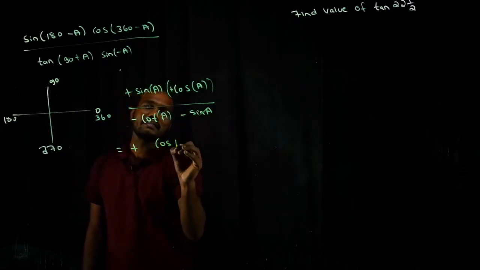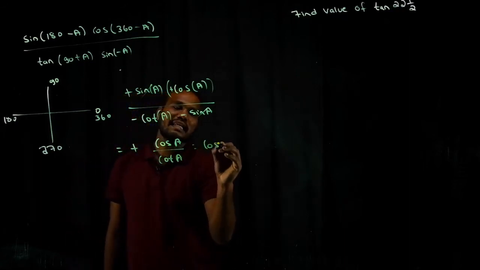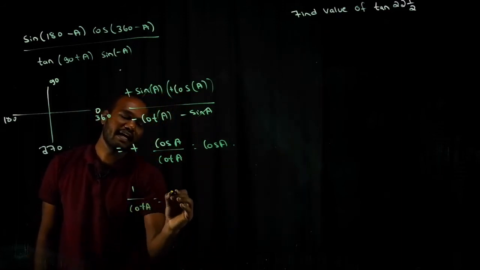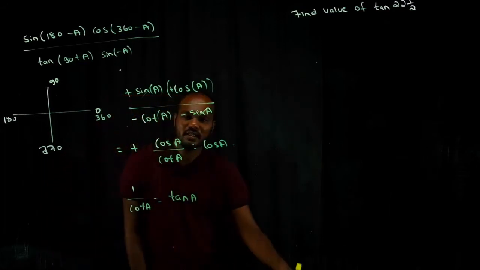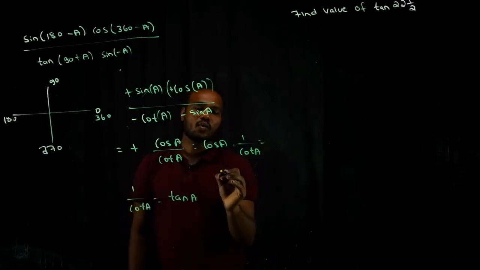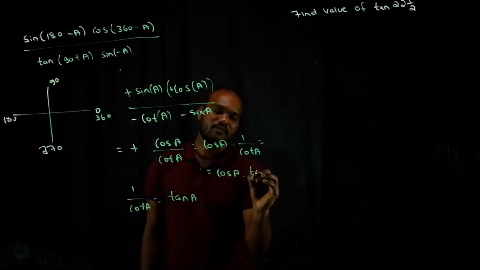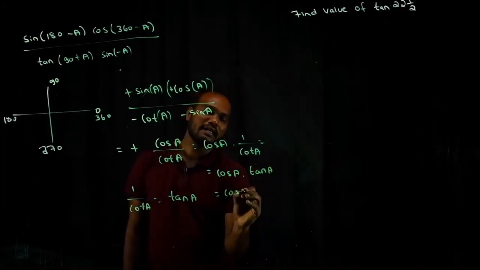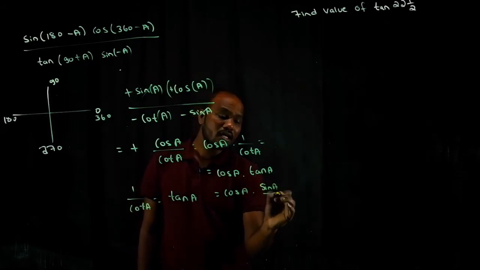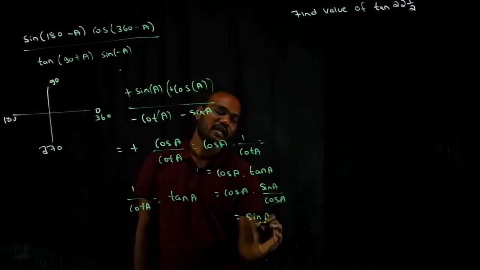So I have cos A upon cot A. This can be written as cos A times 1 by cot A. See here, 1 by cot A is given as tan A. So cos A times tan A. What is tan A? Sin A upon cos A. So cos A gets cancelled. Sin A is the final answer.